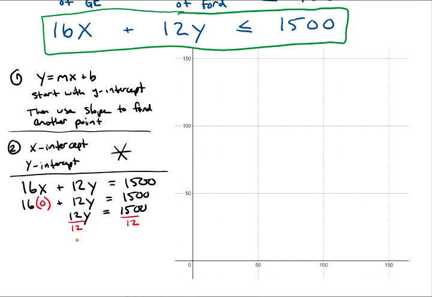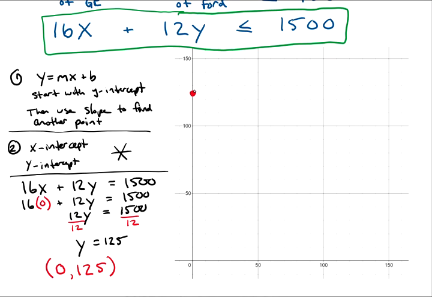You'll get y is equal to, and if we do 1,500 divided by 12, we should get 125. So that's 1 point. If we plug in 0 for x, we get 125 for y. That's that point right there, 125 on the y-axis.